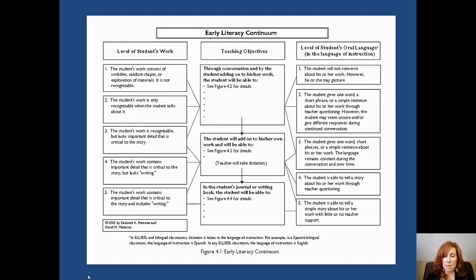Some may begin to include elements of actual words or letters, sound associations, as they progress down to level 5, but most of the work is going to be seen in the student's picture and the amount of detail that they're including in their picture. Then on the right-hand side, you're assessing students' oral language, their ability to tell you the story or tell you about the picture that they've done.